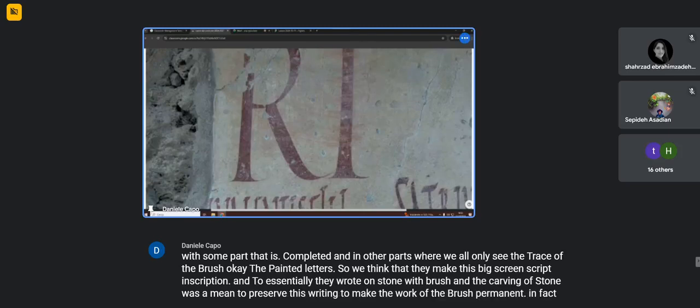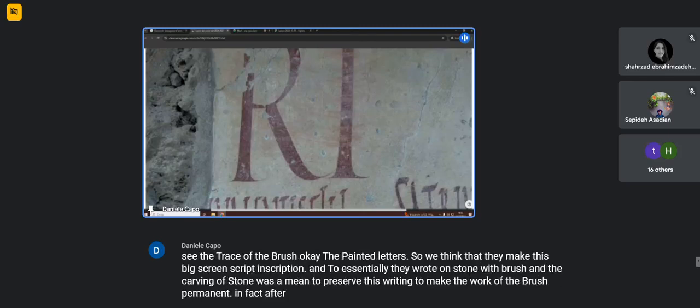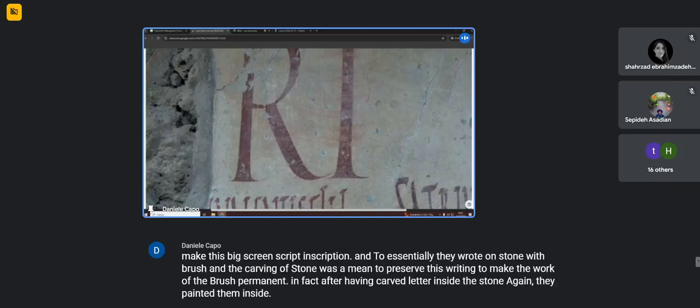In fact, after having carved letters inside the stone, again they painted them inside the cut. Okay, so that these letters were supposed to be colored.